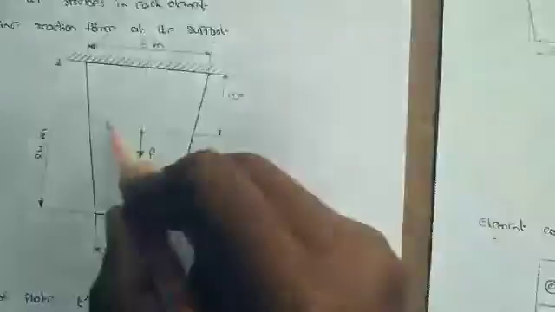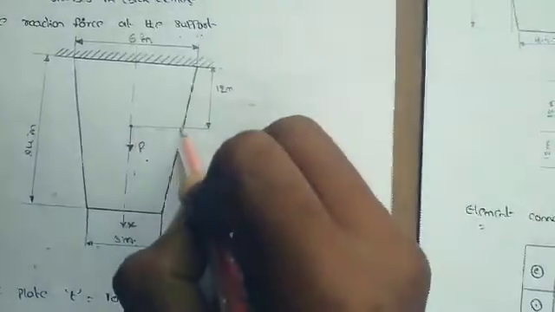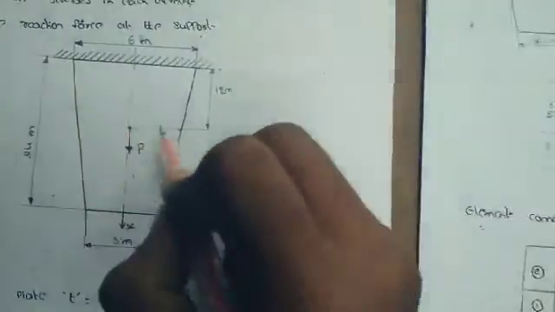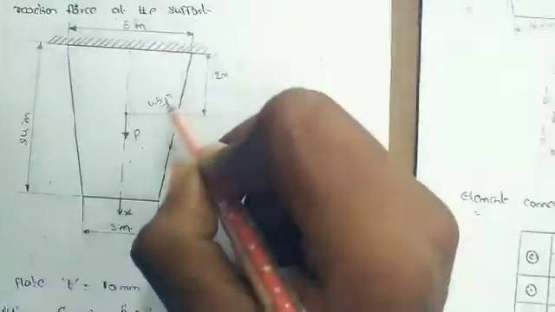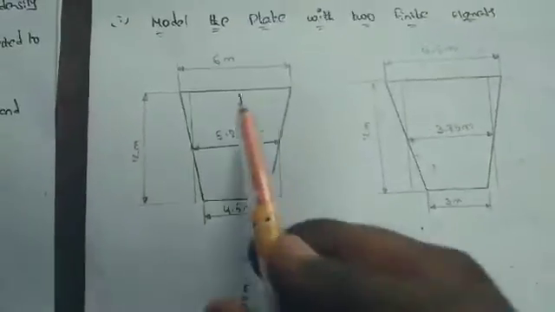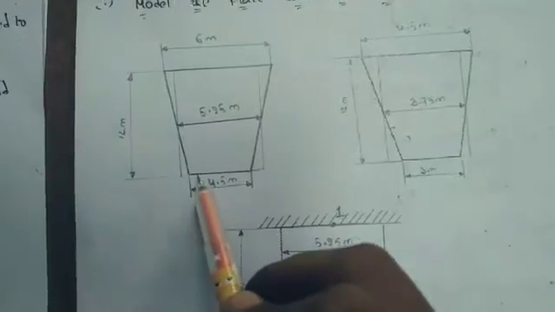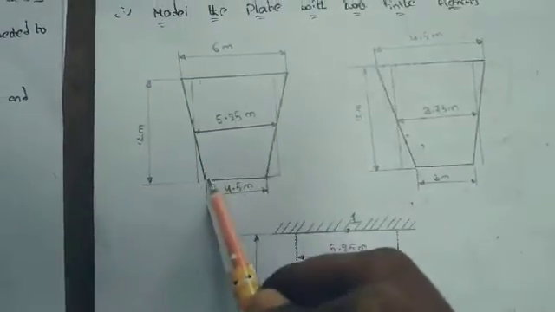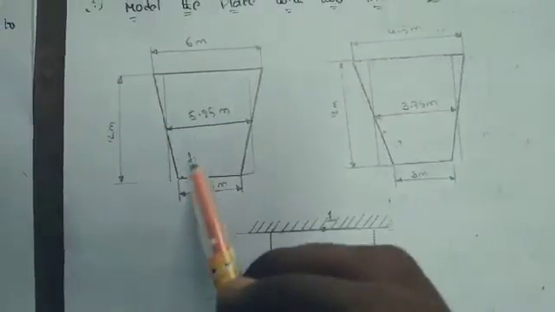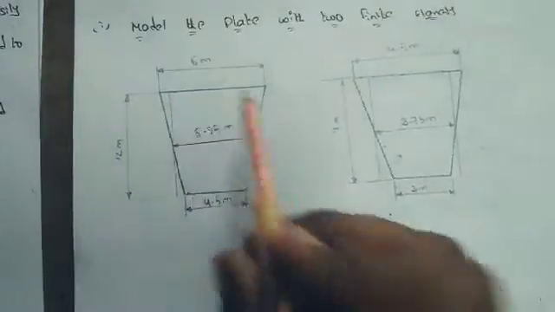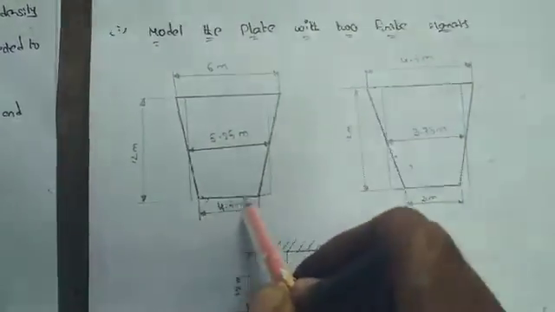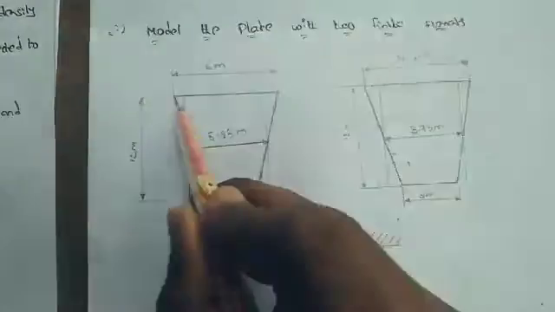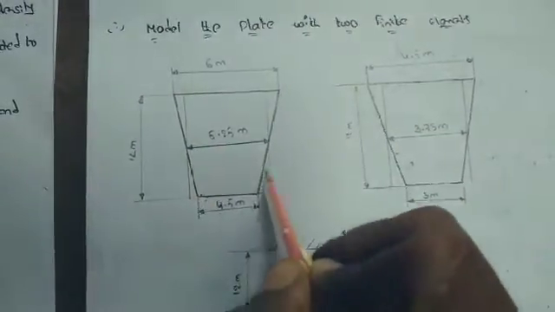In the center line, the width of this plate is 4.5 meter. We have to draw up to the center only. Here 6, the center value is 4.5. This is the conical shape, and you have to consider this conical shape only.